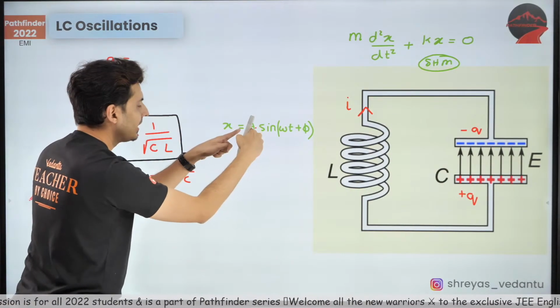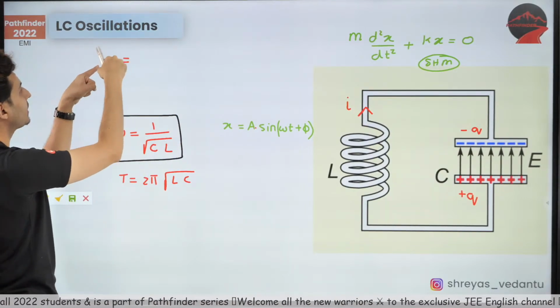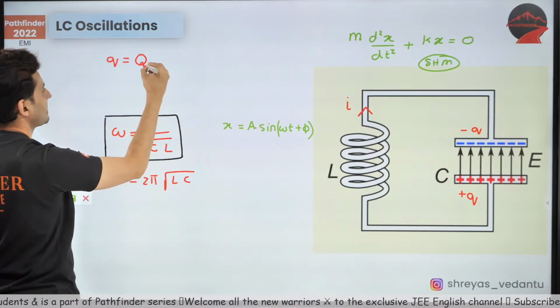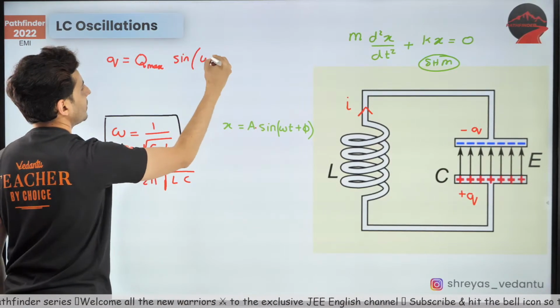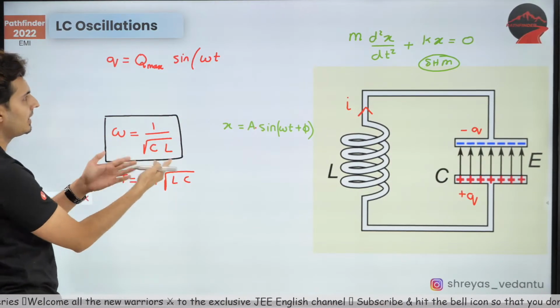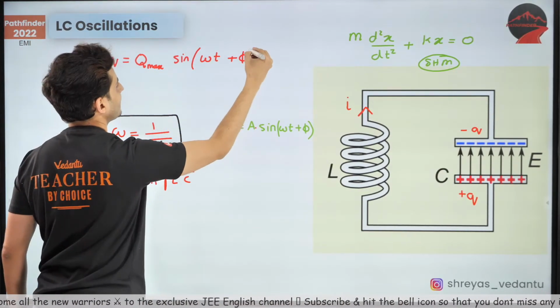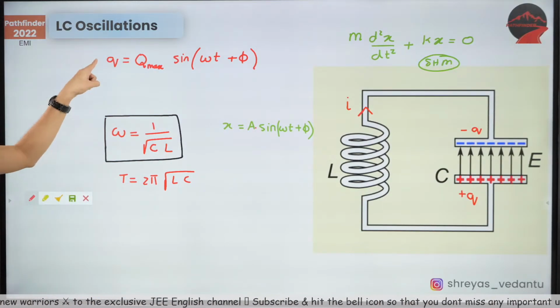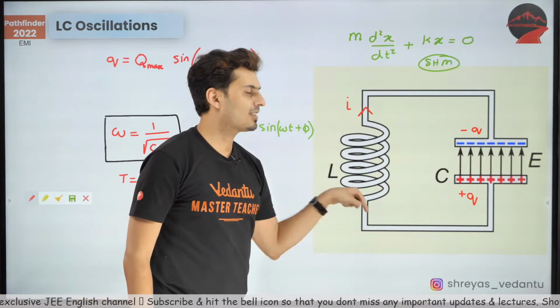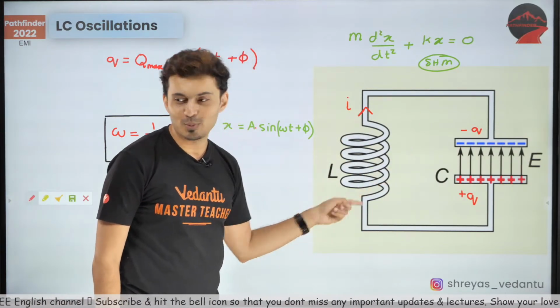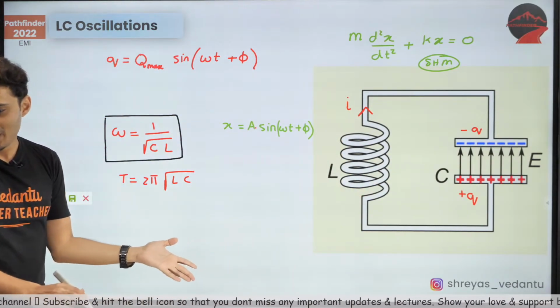Instead of a, you will have maximum q, which is q max, the maximum charge. And you will have sine, and the same omega t plus phi. So this is charge as a function of time, guys. You can see clearly the charges are oscillating like a simple harmonic motion, as simple as that.